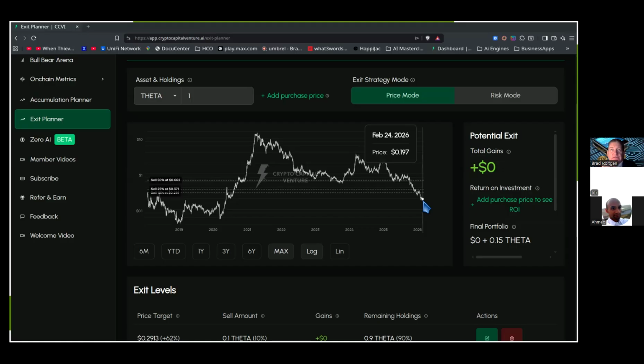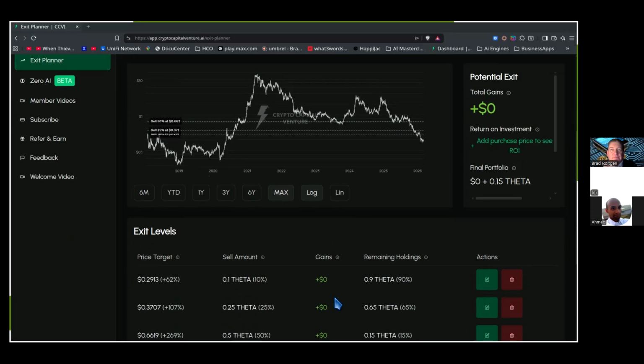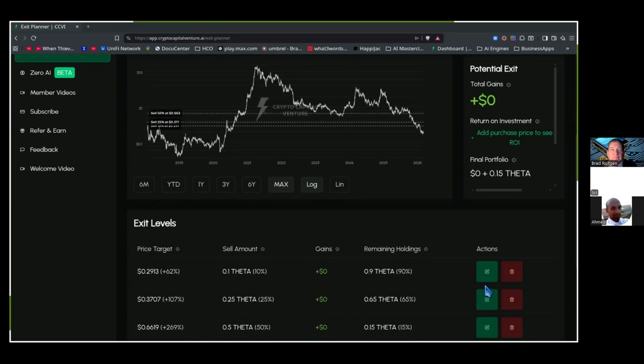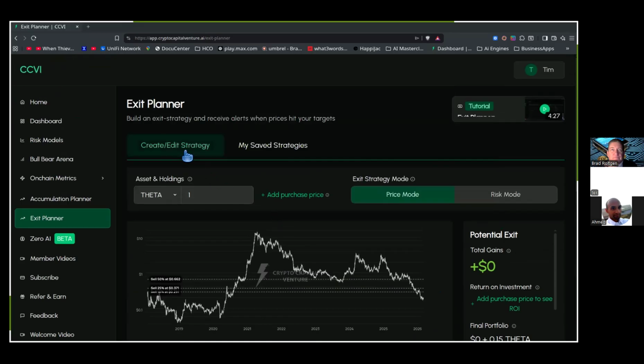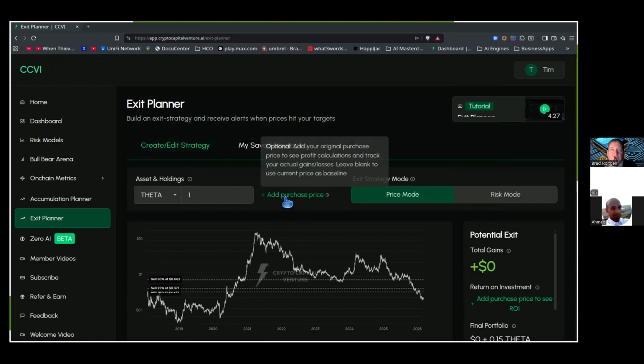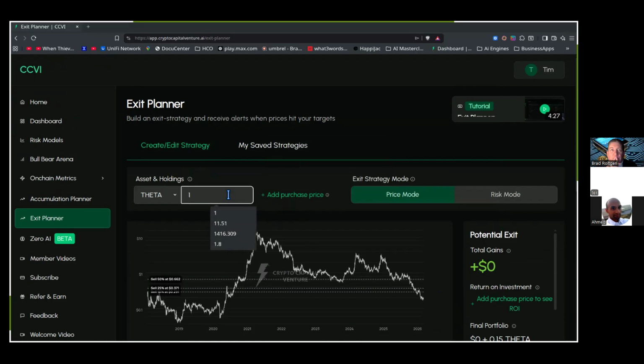Can you show the risk model on that? Let me add some numbers: 100 coins and a purchase price of 20 cents.